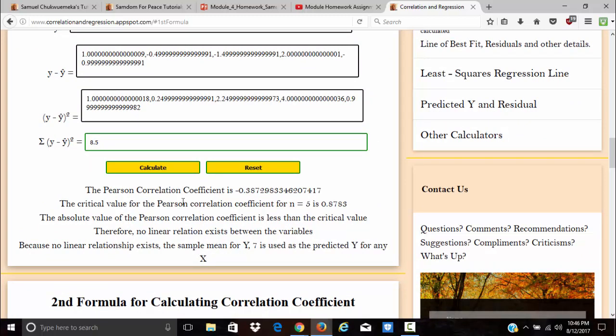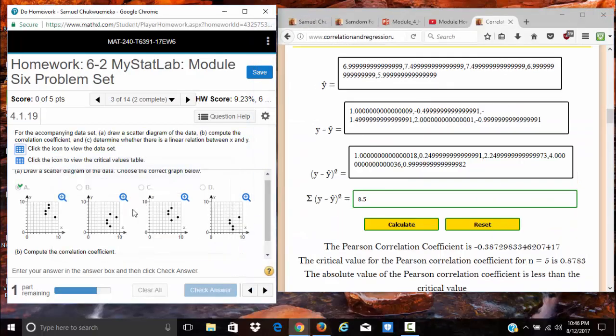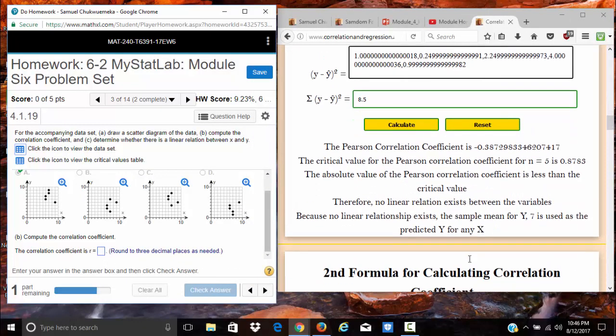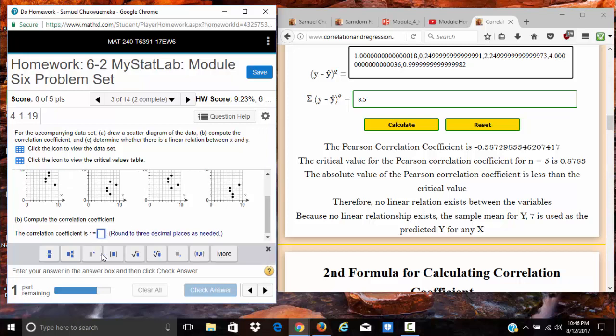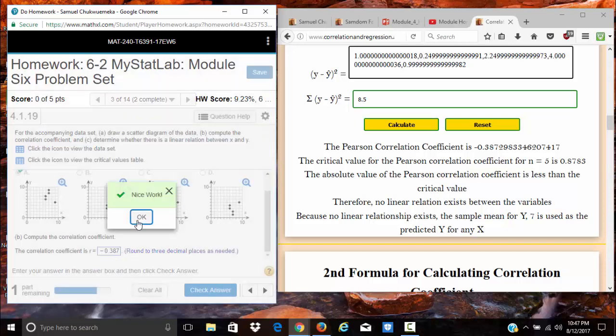So we see here the correlation coefficient. Compute the correlation coefficient, round to 3 decimal places. So the correlation coefficient is negative 0.387. Okay, and that's it.